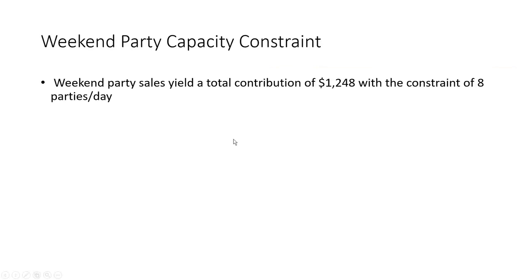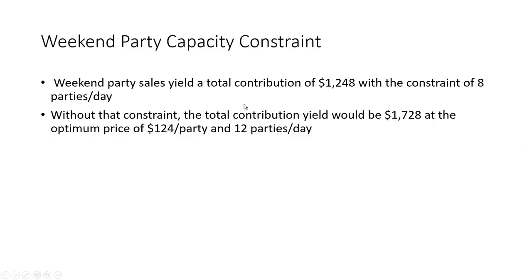So weekend party sales yield a total contribution of $1,248 with a constraint of 8 parties per day. Without that constraint, the total contribution yield would actually be $1,728 at the optimum price of $124 per party and 12 parties per day, which we considered to be the baseline demand for weekend parties.